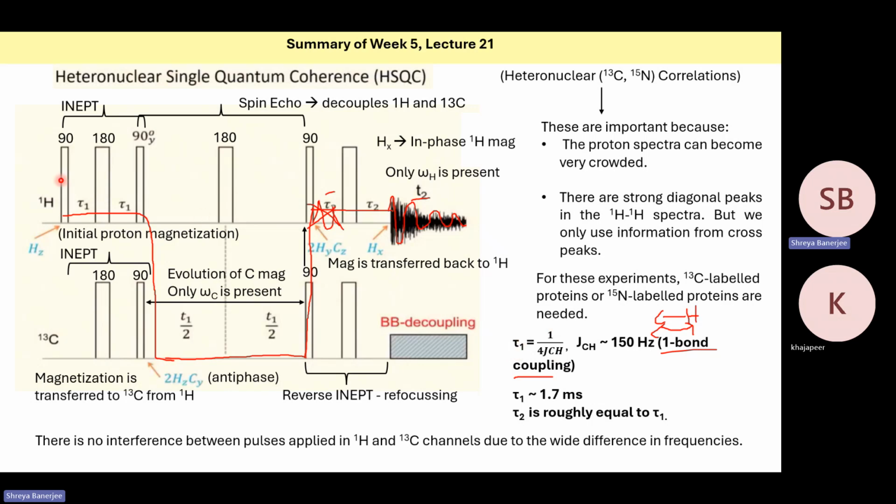So tau 1, we saw when we studied INEPT, is 1 by 4J. In this case, J is the J of CH, that is one bond coupling, which is around 150 Hertz. And if you replace that, you will see tau 1 is roughly around 1.7 millisecond. Tau 2 can be varied, but in the simplest case, it is kept as equal to tau 1. And that is the basic procedure by which HSQC is done.